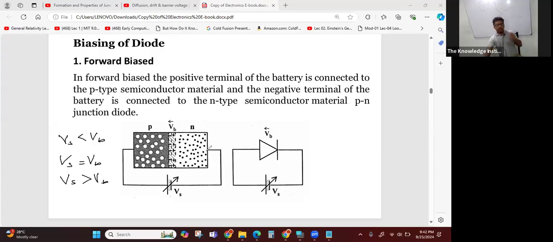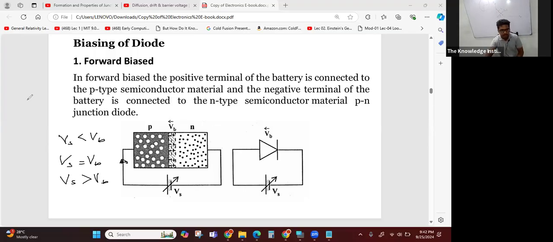So when Vs is smaller than Vb, the battery will push the electrons, or the charges. Now I can't say free electrons or electrons, in a word, current. The battery pushes the current in this direction, right? By the way, there is no current here since Vs is smaller than Vb.